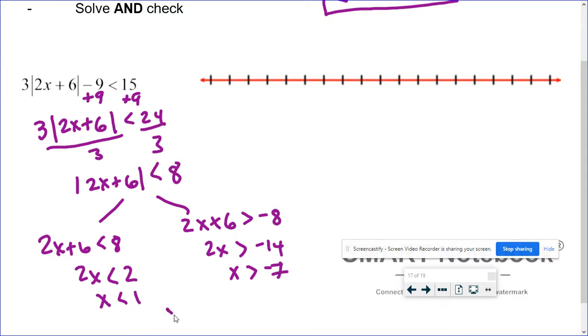So if I write it as a compound inequality, x is greater than negative 7 and x is less than 1. So if I assume 0 is, let's say, here, 1 is here, open circle, shade to the left, and then 1, 2, 3, 4, 5, 6, 7. Negative 7 would be here, open circle here, shading to the right, so essentially you're shading everything in between.